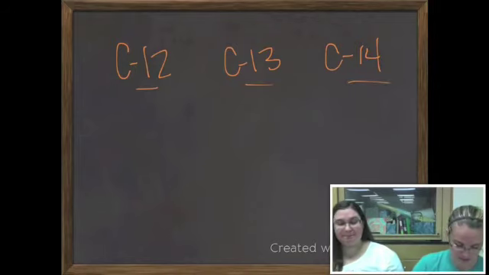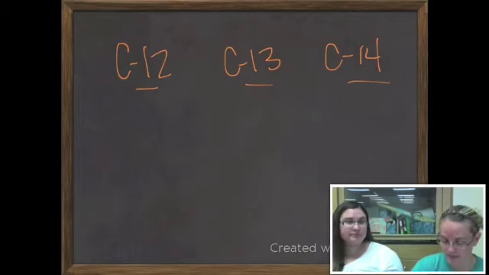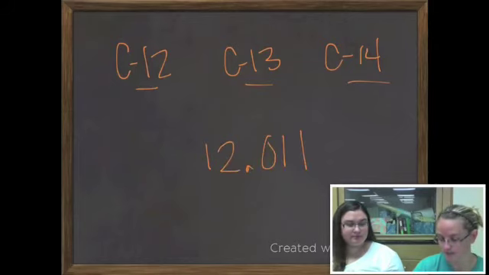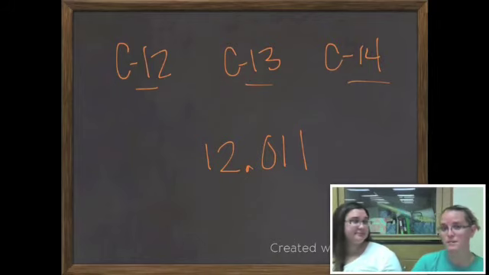Now, the average atomic mass for carbon, which you'll find off the periodic table, is 12.011. Pretty darn close to 12. So, if it's really close to 12, what do you think most of that average is made up of? Probably carbon 12.